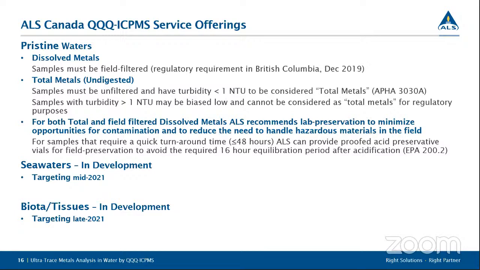The equilibration period is to make sure that anything that had fallen out of the solution or absorbed to the side wall of the sample container has gone back into solution. And as I mentioned, we are aiming to have packages available for seawaters and tissue matrices later this year.